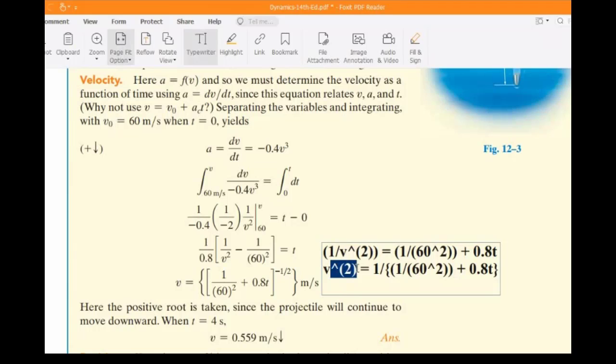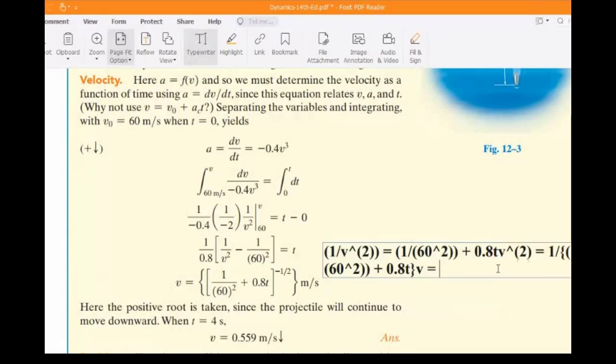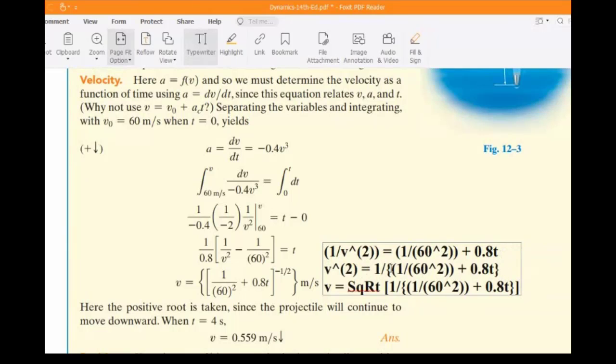On the other side it becomes half. I will make it again: v equals this, equals the square root of this. Now do you agree?